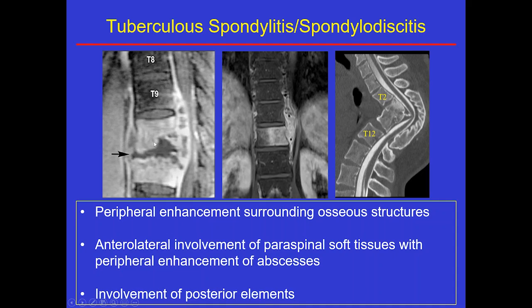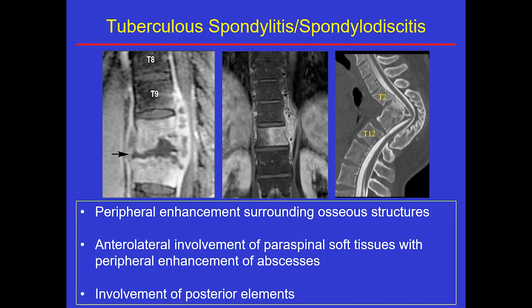In late cases, you can certainly see involvement of the disc space, but in early cases, the disc space is relatively preserved. And this is one of those clues of TB, is that you have involvement anterolaterally with skip involvement of vertebral bodies. So you can see how this infection is starting here and sort of creeping up, but not really involving the disc, but going up through the paravertebral and anterolateral soft tissues.